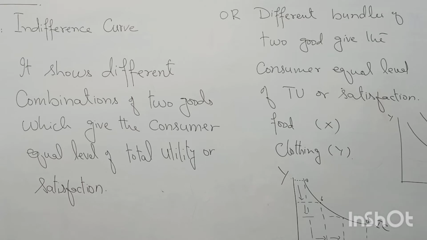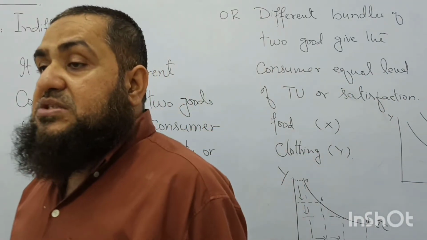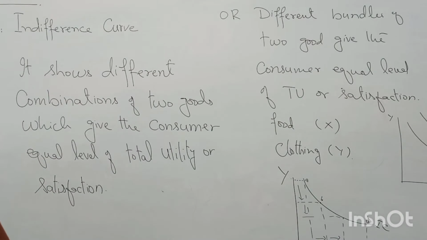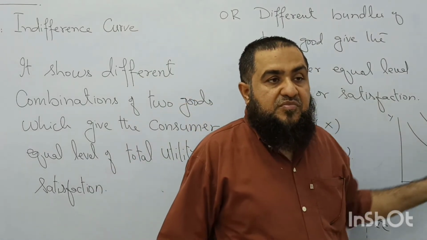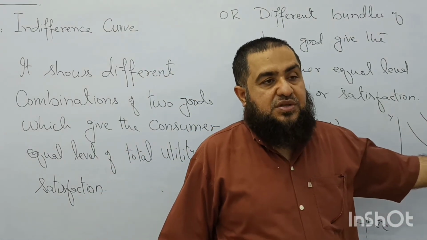What is the affordability of the consumer and what are the prices of X and Y? That's another tool. We will be analyzing that by tomorrow, inshallah. That is about the affordability of consumers. That is explained by using the budget line. So there is a map. Any higher indifference curve will have a higher level of satisfaction.